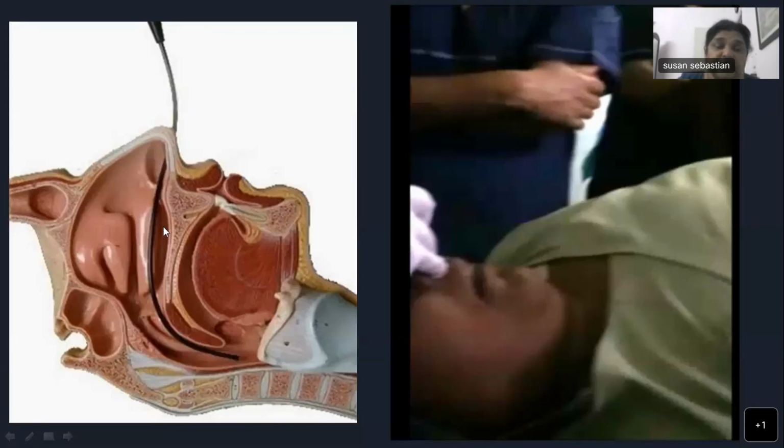So if you look at it, the patient is kept supine on the table, and the fiber optic scope, you can use a nasopharyngoscope or a laryngoscope for that matter, is passed through the nose. Taking into account any obstructions in the nasal cavity, it then comes to the nasopharynx, where you look for any adenoid, any remnant of the adenoid.